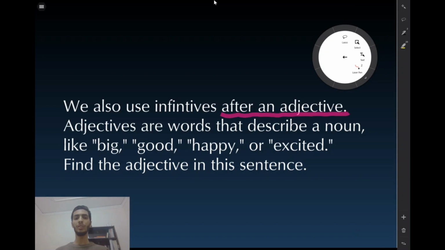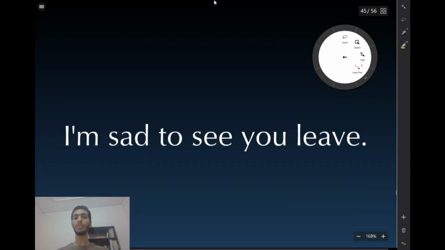We also use infinitives after an adjective. Very good. And we said that for the adjectives, for example, we have a group of examples: big, good, happy, excited, sad, etc. I'm sad to see you leave.